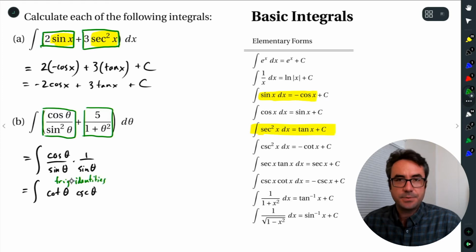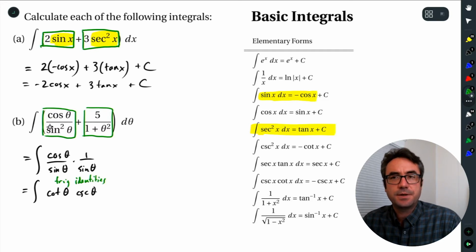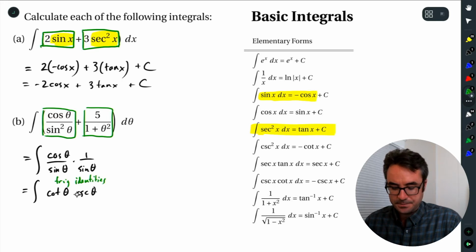That's always a strategy we can use. And now, this first piece, we've turned it from cosine theta over sine squared theta into cotangent times cosecant. And if we go to our list of elementary forms, I see that right here, cotangent times cosecant. So we're going to be able to integrate this.